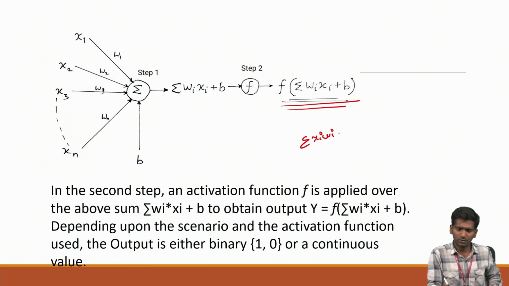To this, we add the activation function f of x. Finally, the last step looks like this, the output. With the help of two steps, we are able to generate the output of an SLP. So in SLP we have two steps.